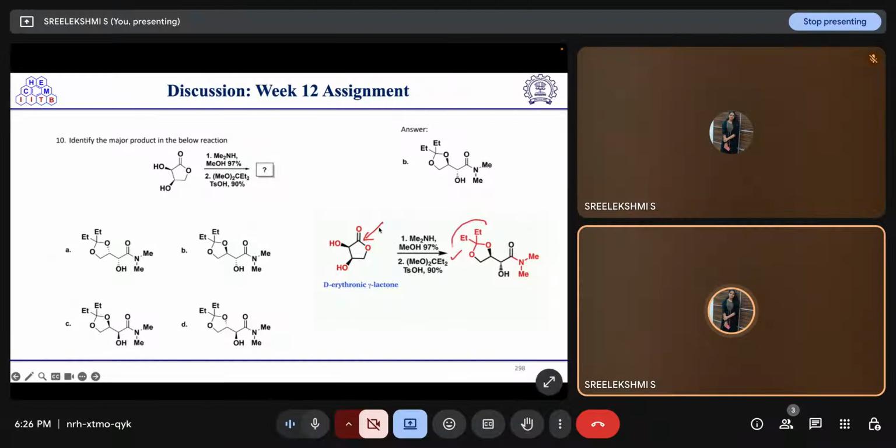This dimethylamine will attack over this center and it will open this compound to form an aldehyde here, and here a Weinreb amide kind of compound, not exactly Weinreb amide. Then this orthoformate will protect this diol in the presence of para-toluenesulfonic acid to get this compound. So the correct answer here would be option B.